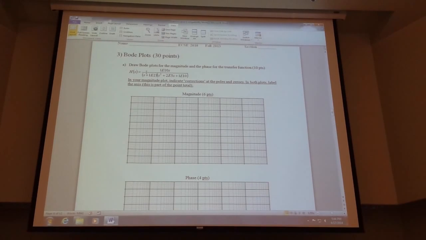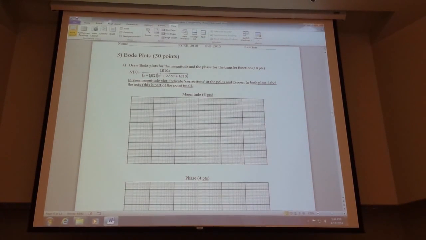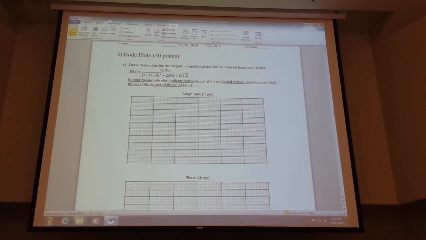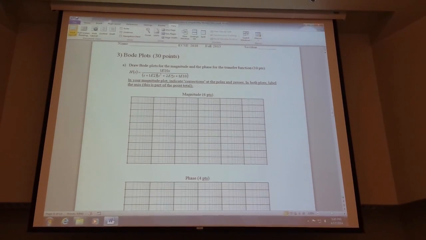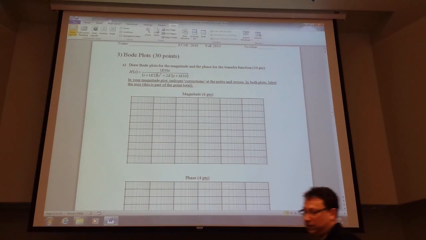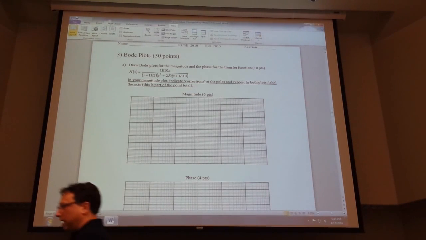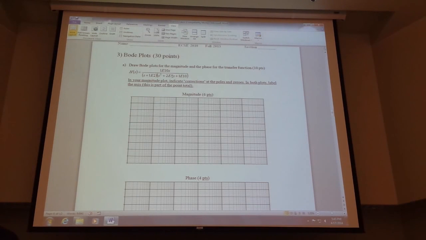Between 10 to the 2 and 10 to the 5th, what's the dominant term here? S, and what's the dominant term here? 10 to the 5 squared, or 10 to the 10. And so what do we have? 10 to the 10 times S over S times 10 to the 10, which hopefully we all agree is 1. We didn't write that out, but everybody see it?